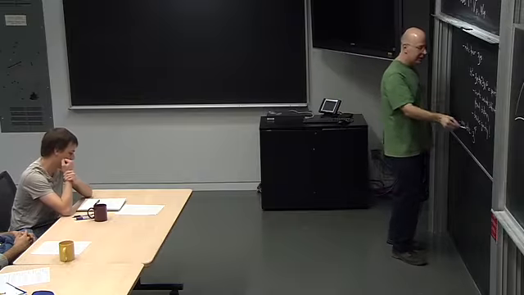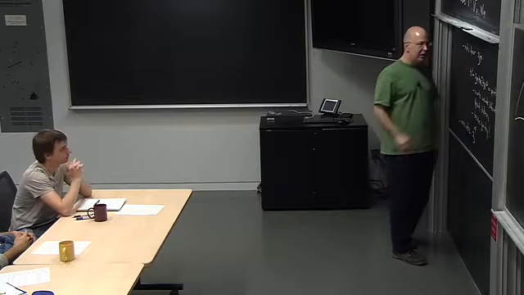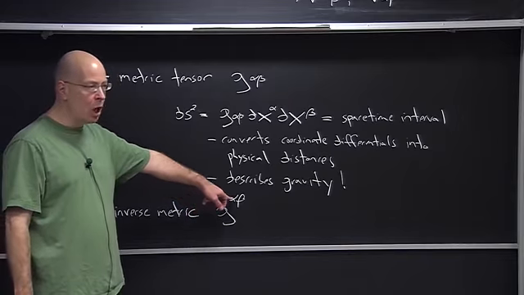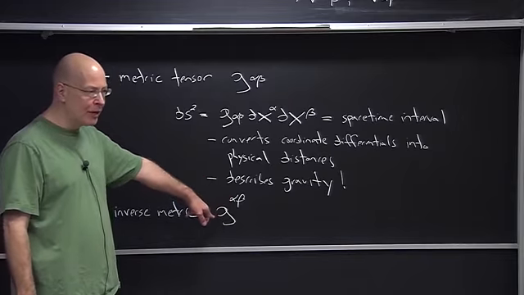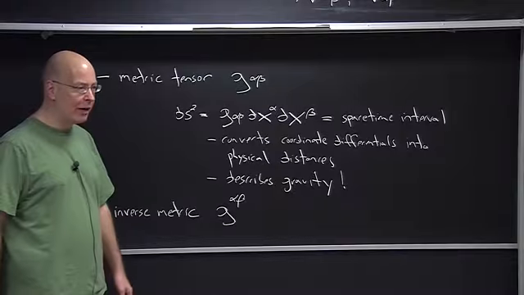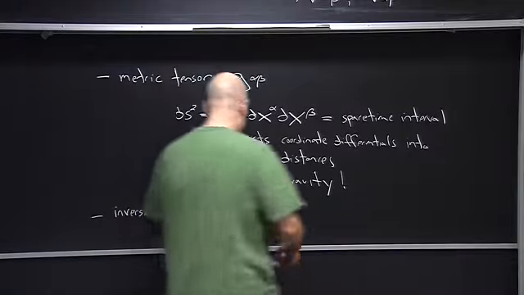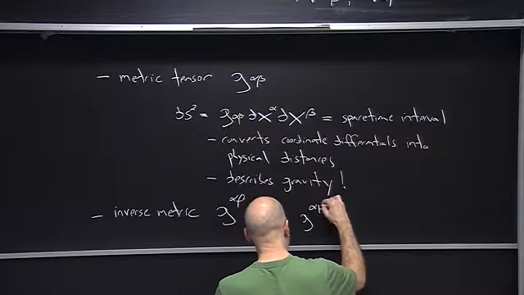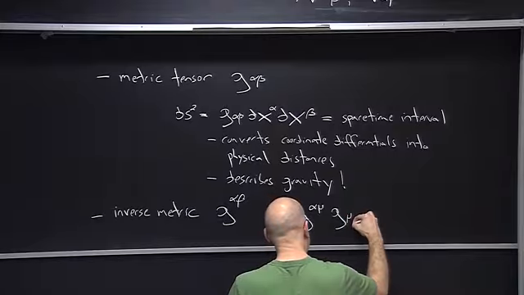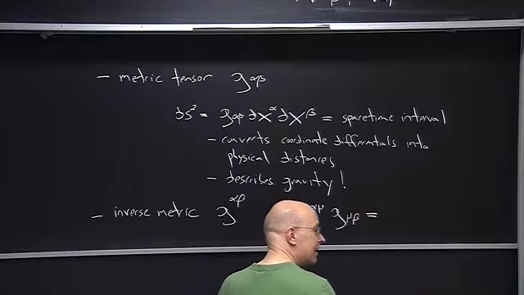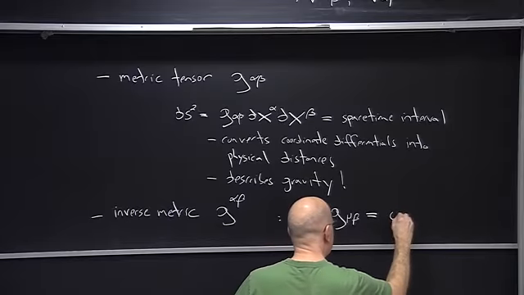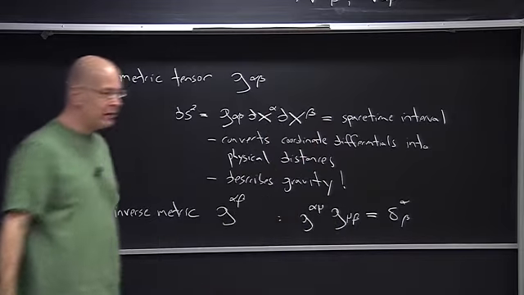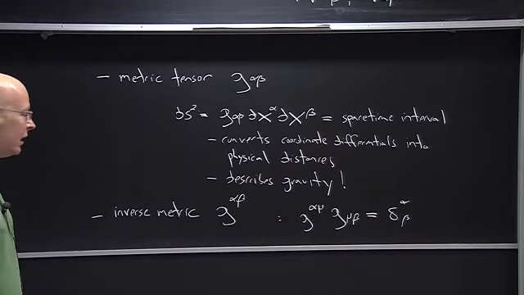But basically, the idea here is that I'm considering this to be a 4x4 matrix, and this, with the indices all up like this, would be just the matrix inverse of that 4x4 matrix. And a way to define that properly is to say that if you take the inverse metric and you multiply that by the metric itself, you get the identity matrix. And the identity matrix has a bunch of zeros and ones in it, and that's represented by the Kronecker delta that I have there.